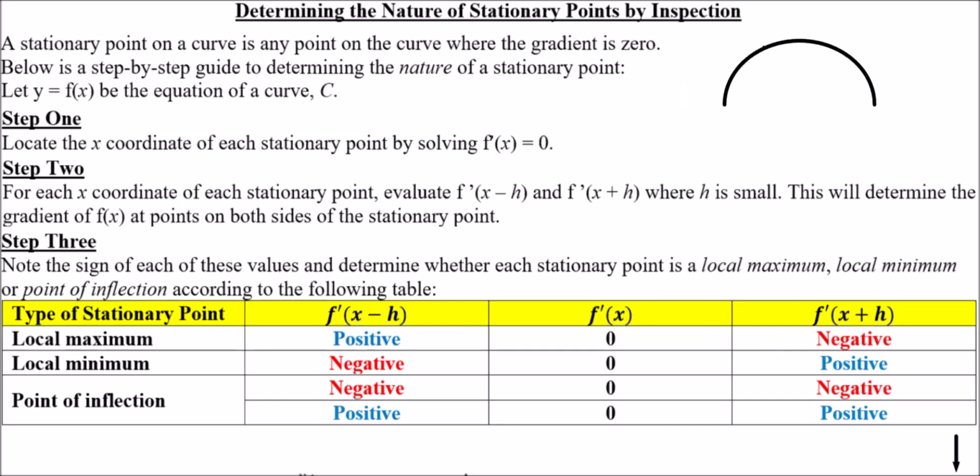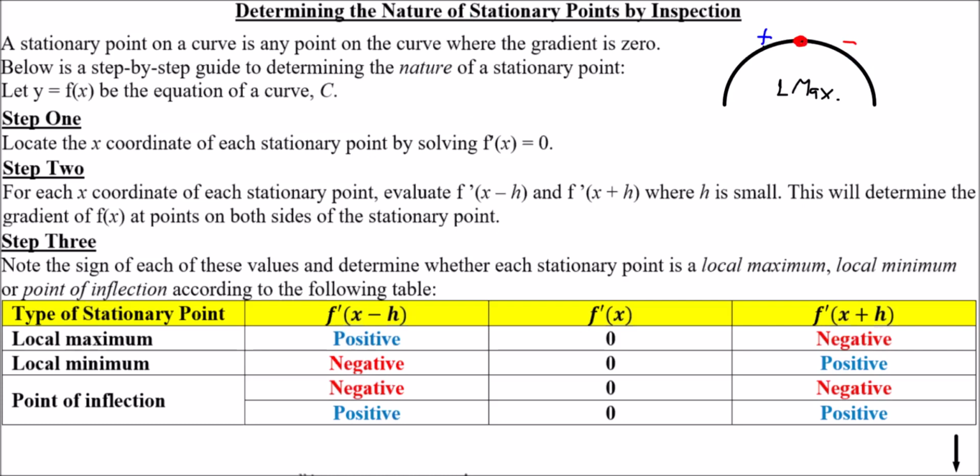Okay, so imagine this is our local maximum, I'll call it Lmax. Then obviously coming up this way, we have a positive gradient, equal to 0 there, and then afterwards the gradient becomes negative. That's just an illustration to show you what a maximum looks like. Positive gradient, 0, negative gradient.